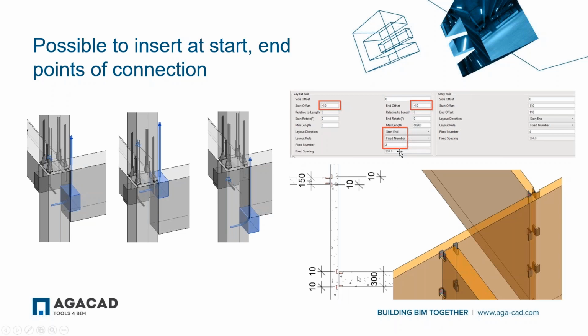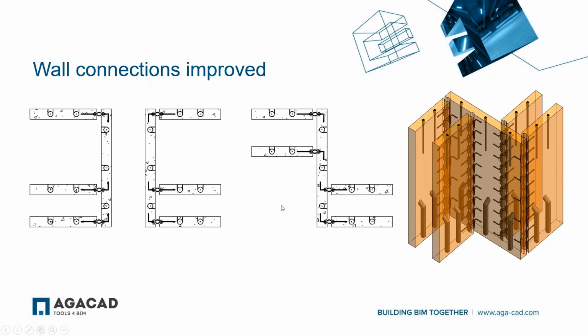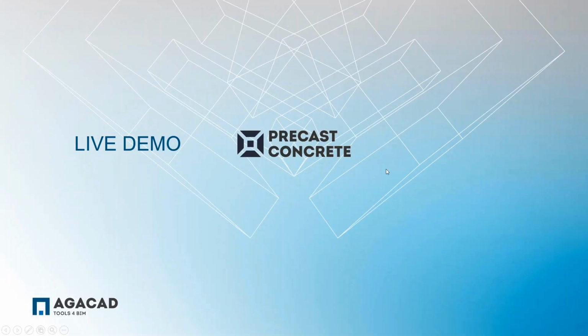Let's say we have two different thicknesses of a wall; it will automatically adjust to that by using these settings. The connection of the walls was also improved quite a lot, so this might also influence configurations which you already have. With one configuration you can insert in all of these situations more easily with Smart Connections. And this is it.